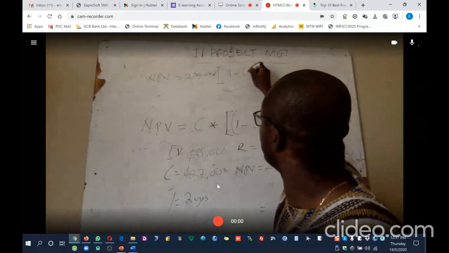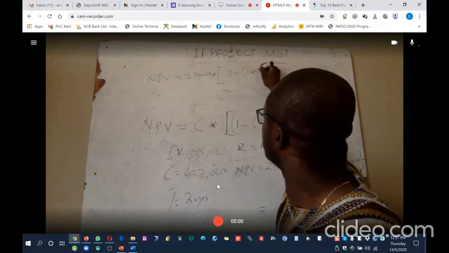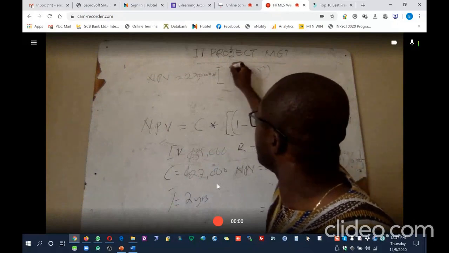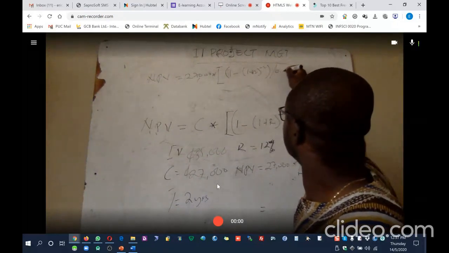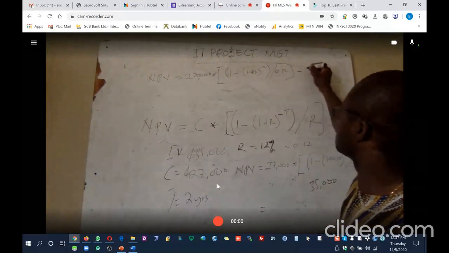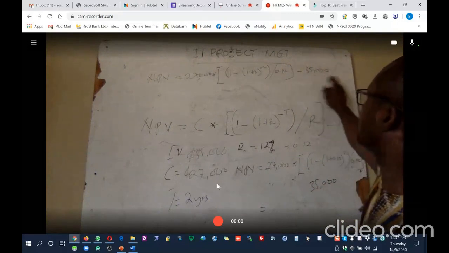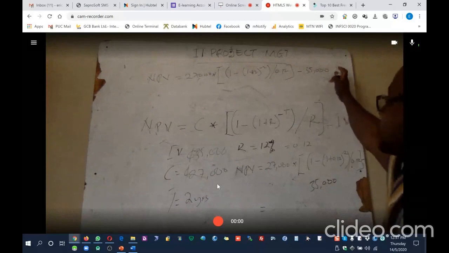It becomes 1.12 raised to the power -2. Then all that divided by 0.12. And then minus 35,000. I'm sure you can see from there. Okay, so that becomes what we will get in there.